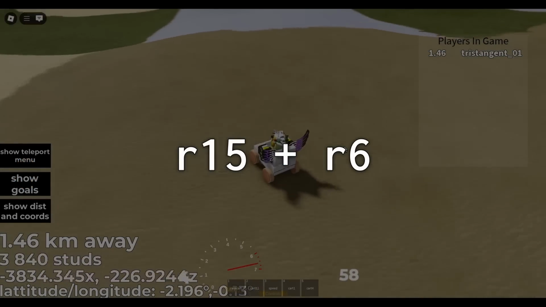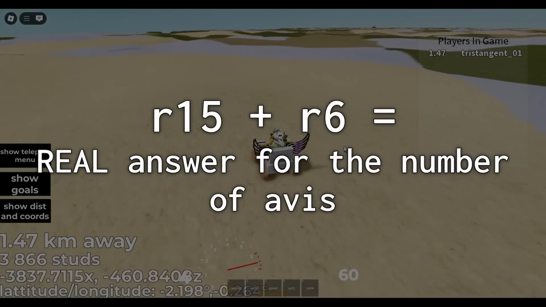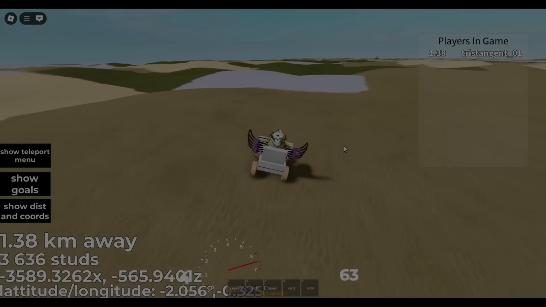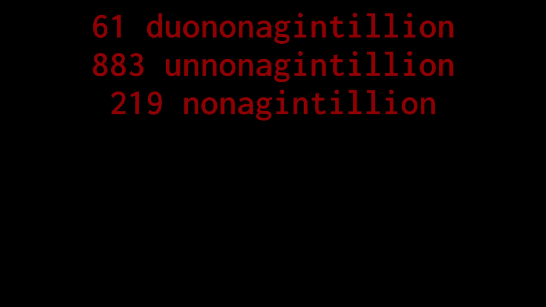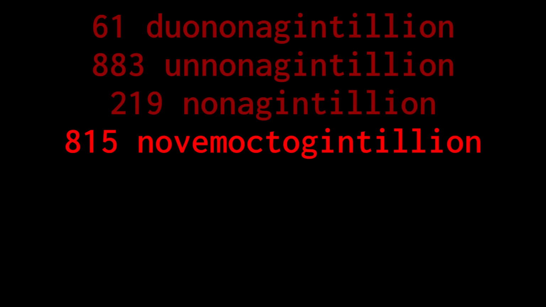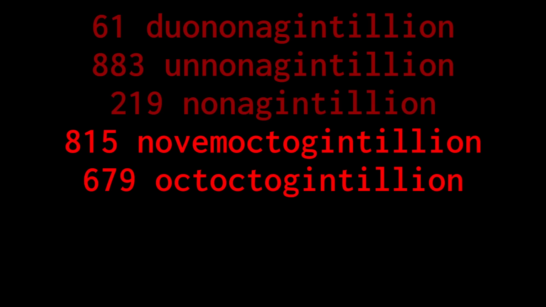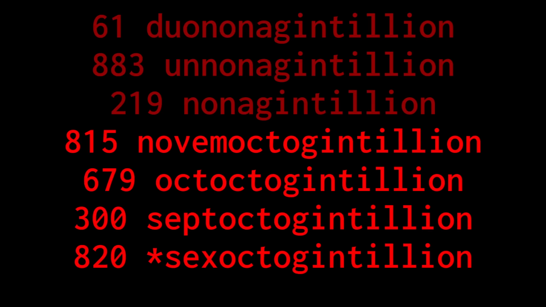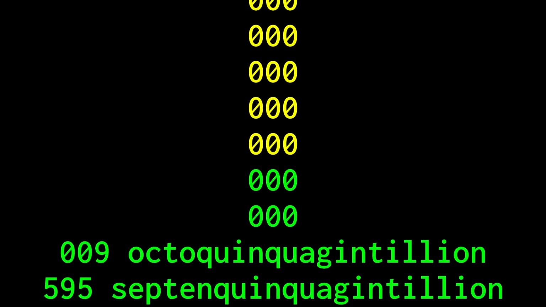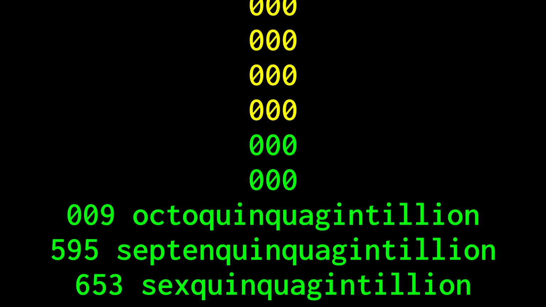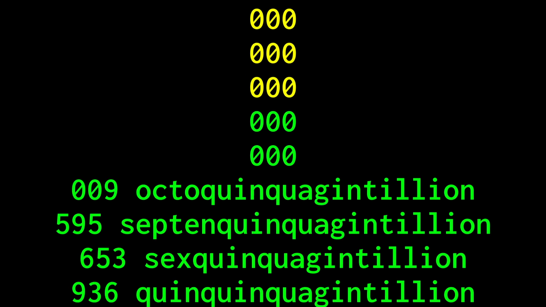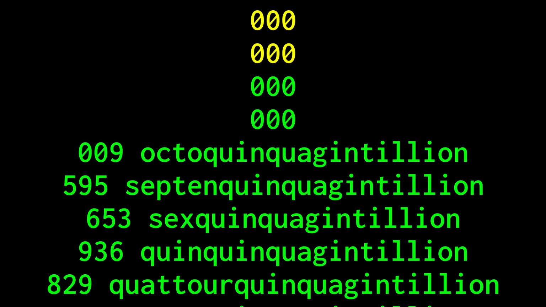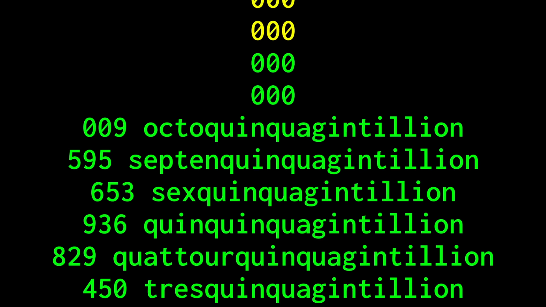Adding these two together gives us the true final answer of how many avatars can exist, of 61 duononagintillion, 883 ononagintillion, 219 nonagintillion, 815 novemoctagintillion, 679 octooctagintillion, 300 septoctagintillion, 820 quinoctagintillion, 9 octoquinquagintillion, 595 septenquinquagintillion, 653 sexquinquagintillion, 936 quinquagintillion, 829 quattorquinquagintillion, 450 trace quinquagintillion.